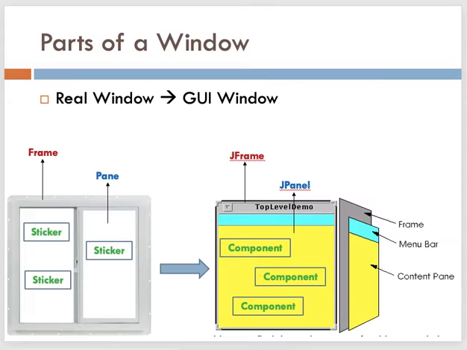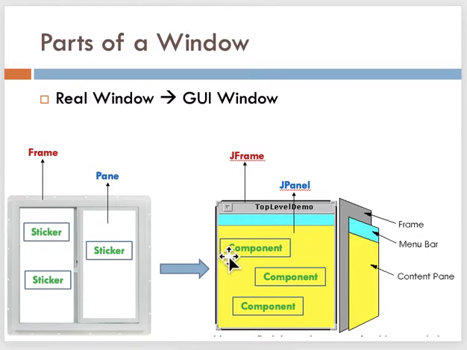That's the general way that it's organized. So here's this imagery that I was talking about. If you think of a real window, it's got a frame and then an invisible glass pane, and you can put little stickers on there, and it organizes it. If the glass pane is nice and clear, you can't tell that there's anything there. The stickers look like they're just floating.